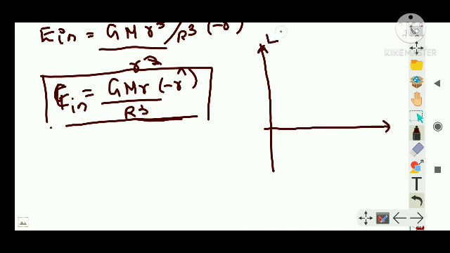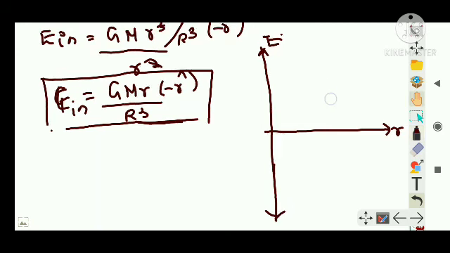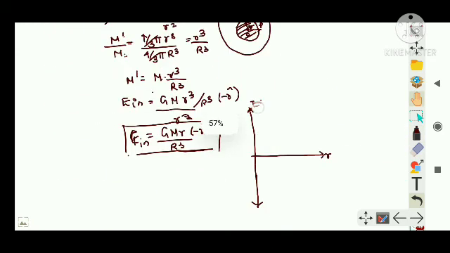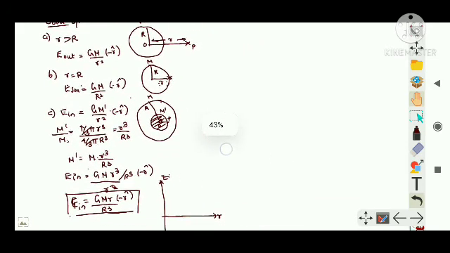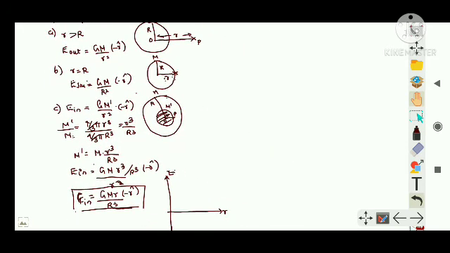This is the electric field, and this is the axis. At which point do you find that E is maximum? You will see that all of the values are negative, so the graph will be below, right here I will draw, the graph will be purely on this side. This much is clear, right?